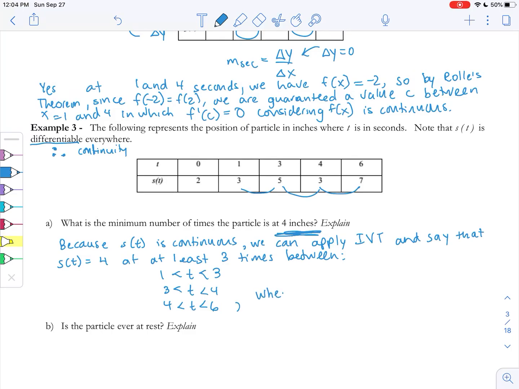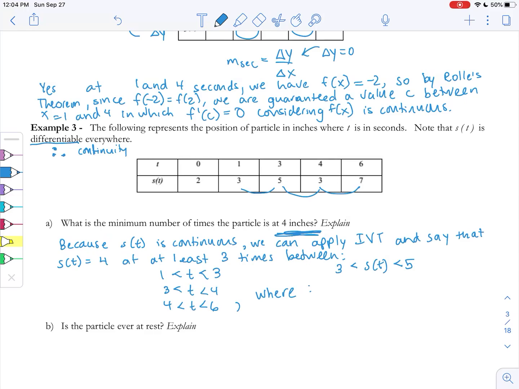And then for time 1 to 3 seconds, s of t is between 3 and 5, because that's what our function is actually named.